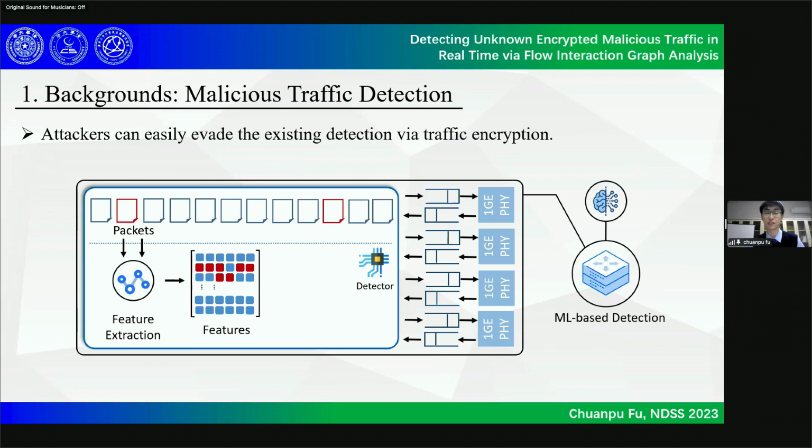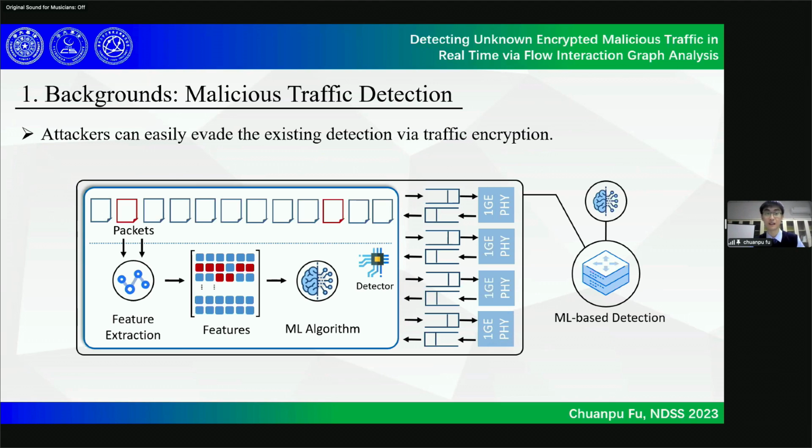After that, it puts the extracted features into machine learning models to classify the flows into benign flows or malicious flows. Powered by machine learning, these methods can detect many advanced attacks and even unknown attacks. However, our empirical studies show that the existing machine learning-based detection is unable to detect so many encrypted attacks.